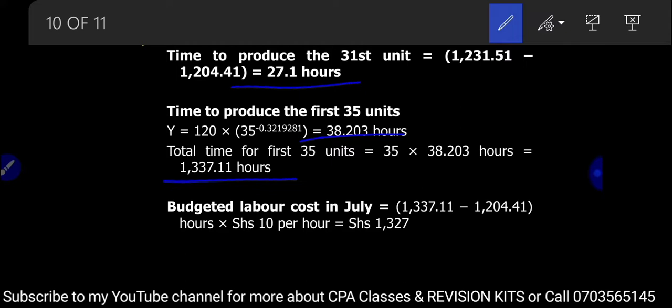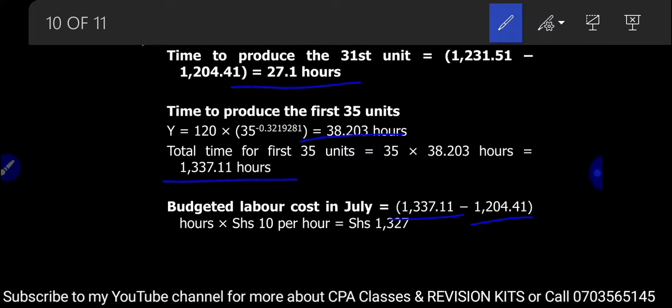By the end of July we have a cumulative 1,337.11 hours, and by the end of June the 30 units took 1,204.41 hours.